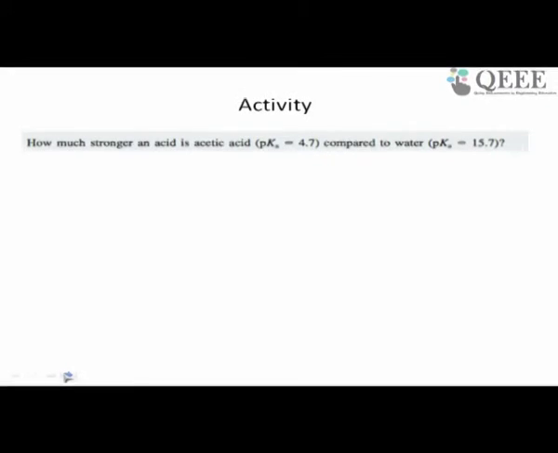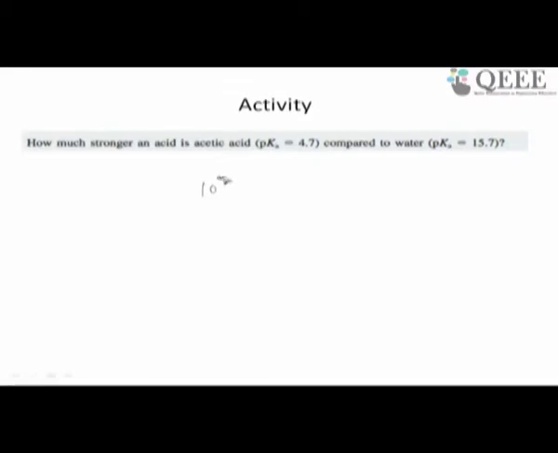This is another good problem: how much stronger an acid is acetic acid compared to water? The pKa difference here is 4.7 versus 15.7. If you take the difference, it comes to an order of magnitude difference of 10 power 9.